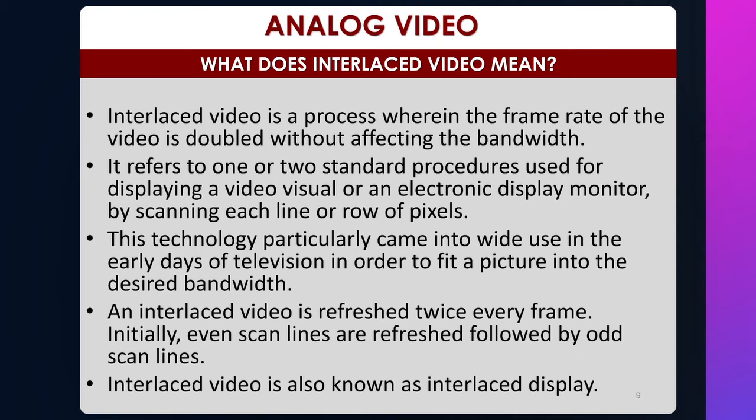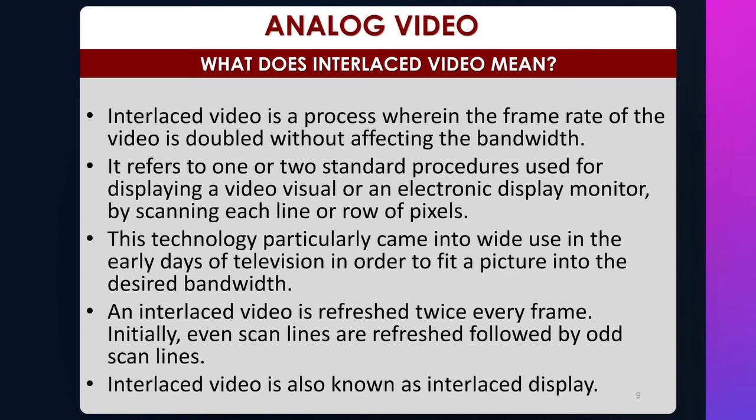Okay, now we discuss interlace. What does interlaced video mean? Interlaced video is a process wherein the frame rate of the video is doubled without affecting the bandwidth. It refers to one of two standard procedures used for displaying visuals on an electronic display monitor by scanning each line or row of pixels.